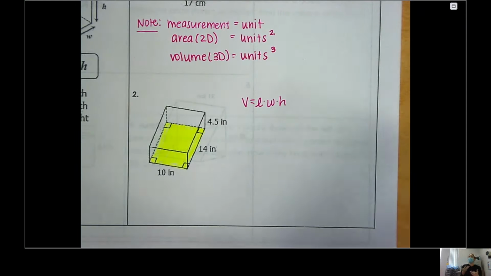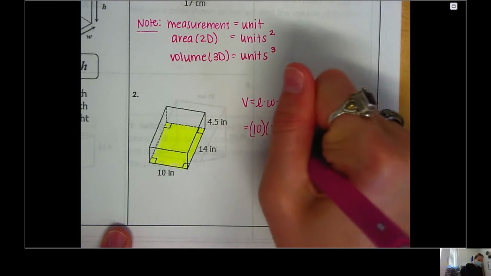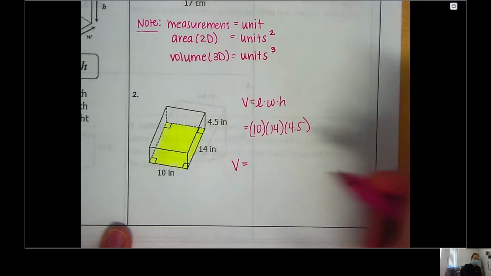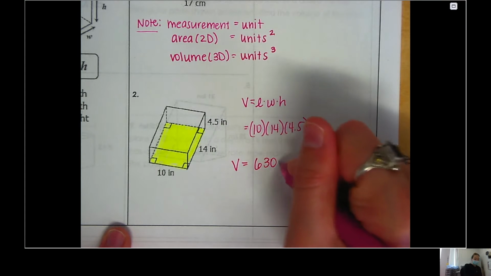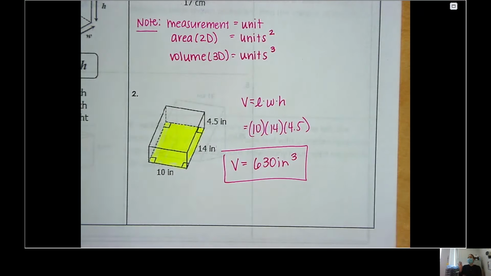So if you put yours in a different order, it doesn't really matter, because you're still going to get the same answer in the end. Okay? So 10, 14, and 4.5. What I like is that Katya even said the inches cubed when she said her final answer. So make sure you're putting the label, because if you don't have the label, it's going to be marked as wrong. All right, easy peasy, right?